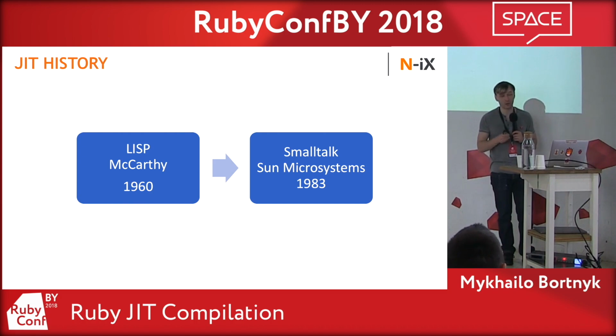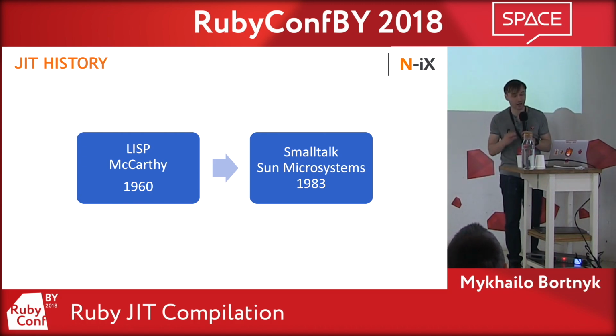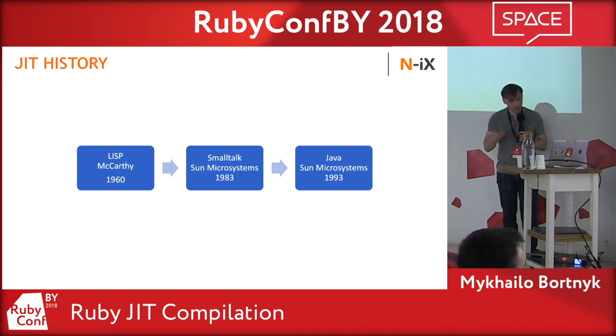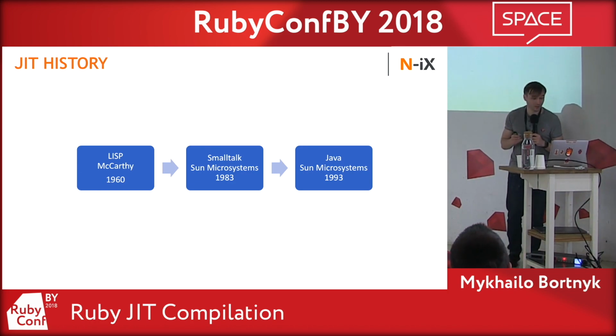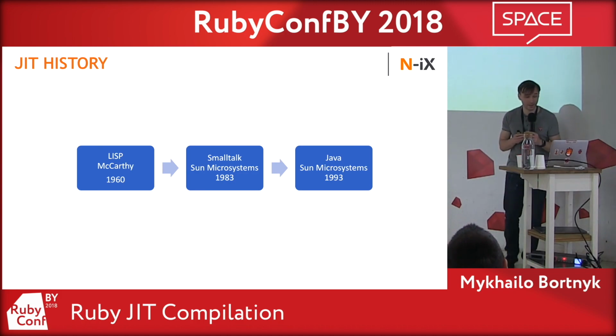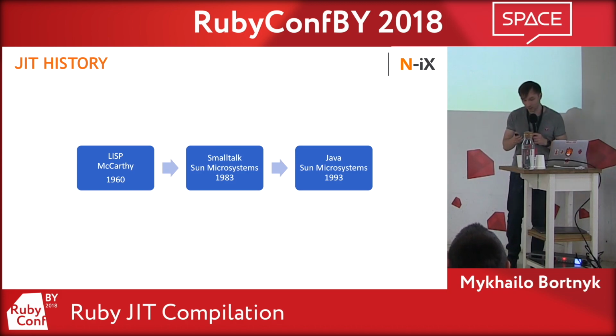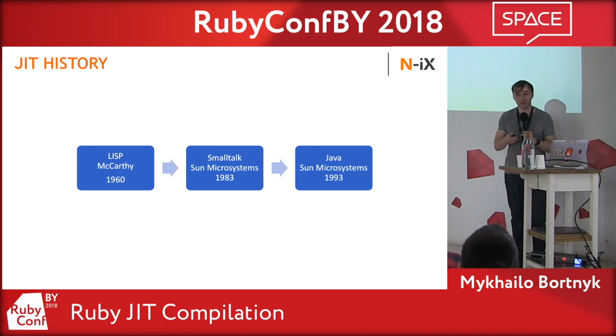By the way, the Self virtual machine used in this Smalltalk implementation was only 2 times slower than plain C code. Java, of course, and in 1993 at last appeared the term just in time, because previously it was just named dynamic translation. So James Gosling used the term just-in-time compilation, and it became famous.